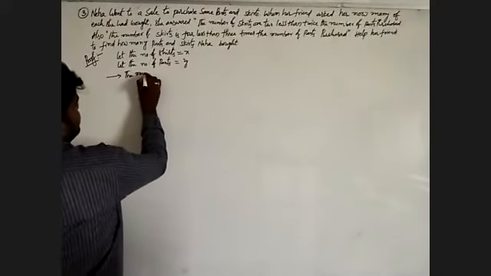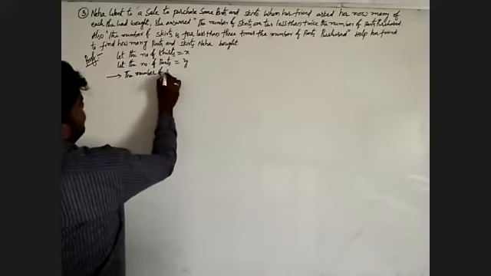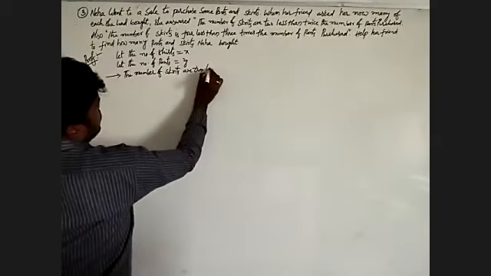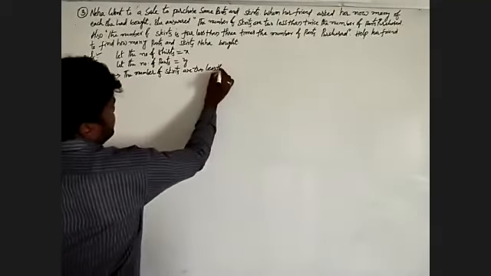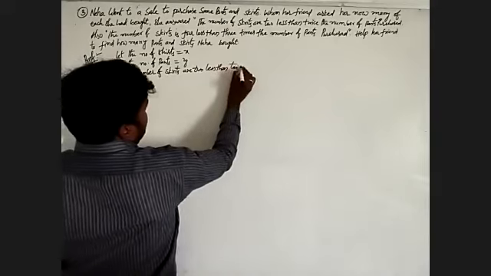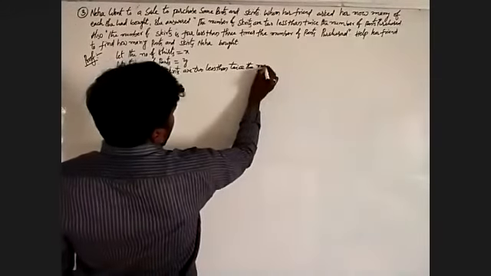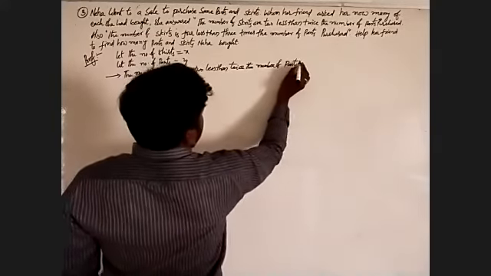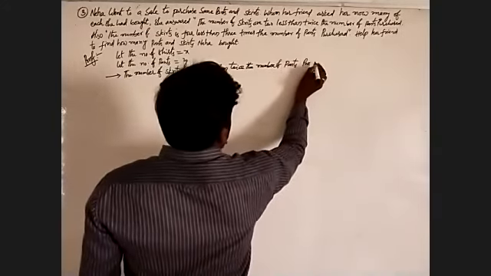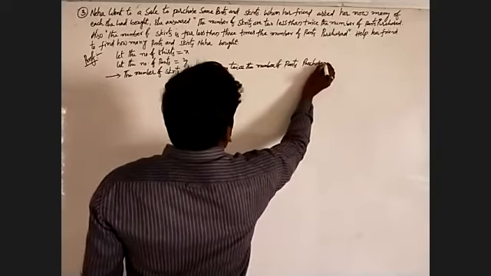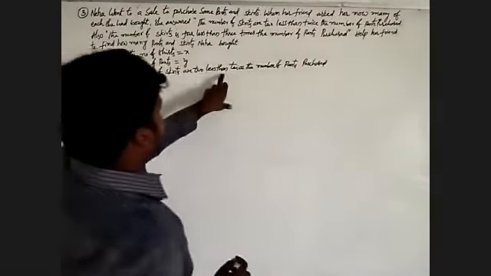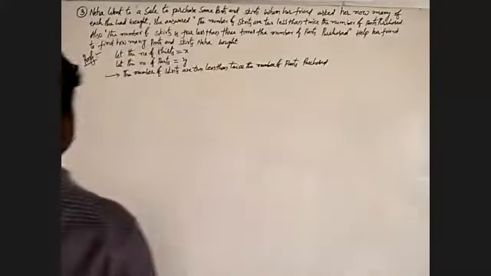The number of shirts are 2 less than 5 times the number of pants purchased. Listen, the number of shirts are 2 less than 5 times the number of pants purchased.